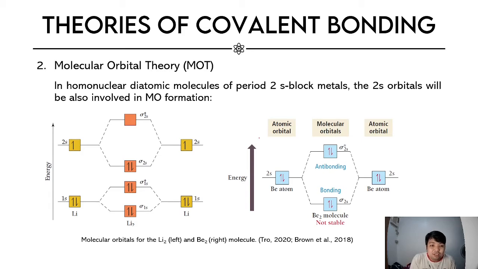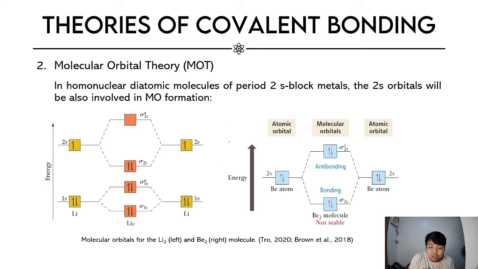So the deciding factor will actually be the valence atomic orbitals, whether, when they combine, all of the bonding or antibonding molecular orbitals that they form will be filled with electrons or not. That's why in the bonding of Be2, we only included the valence orbital, not the 1s.